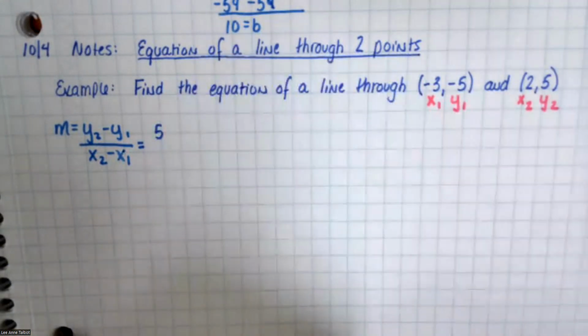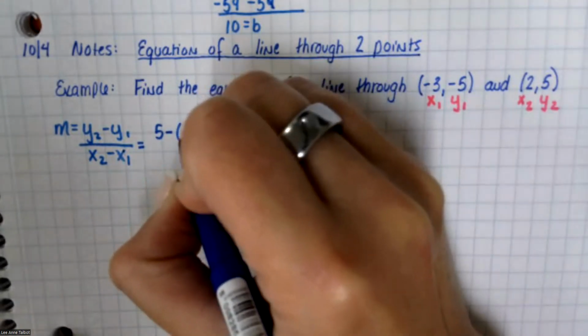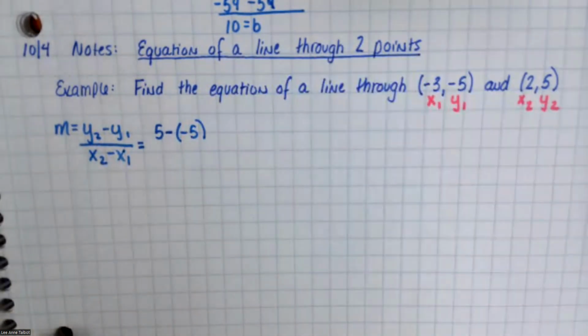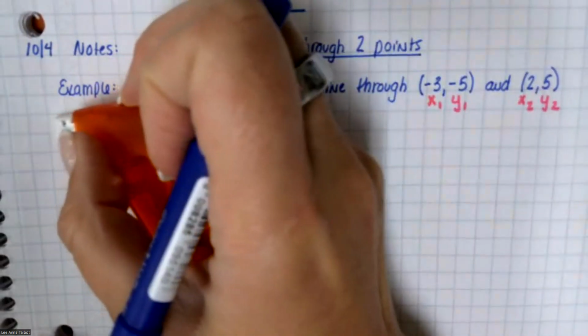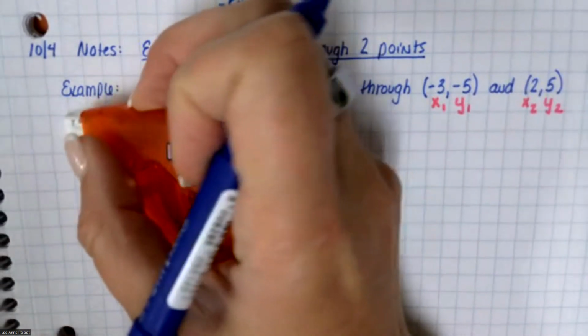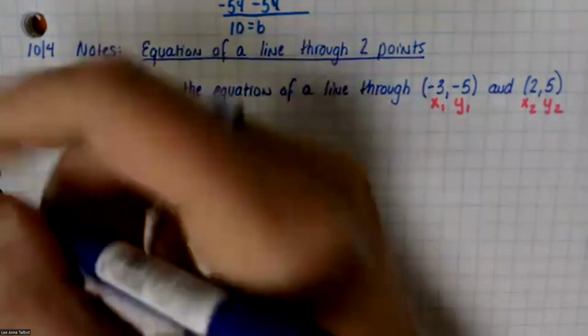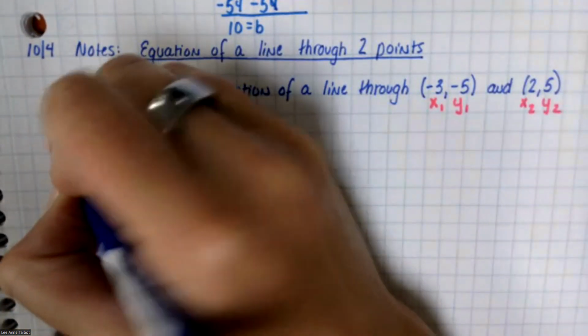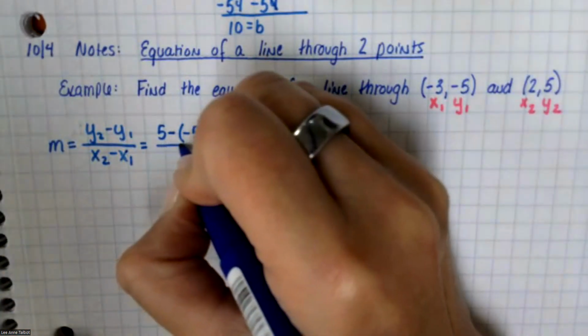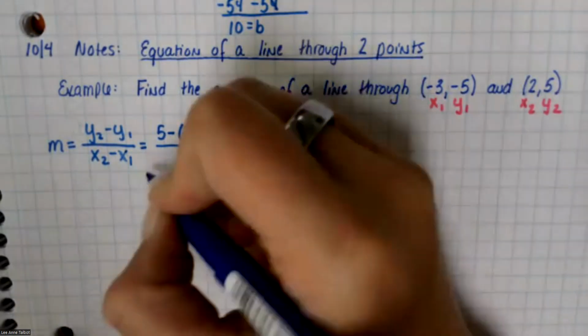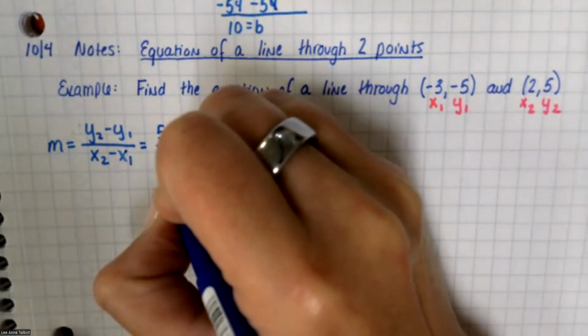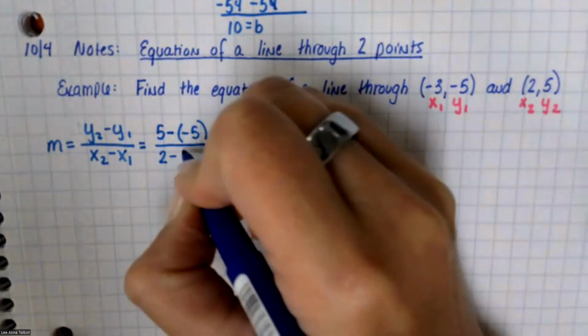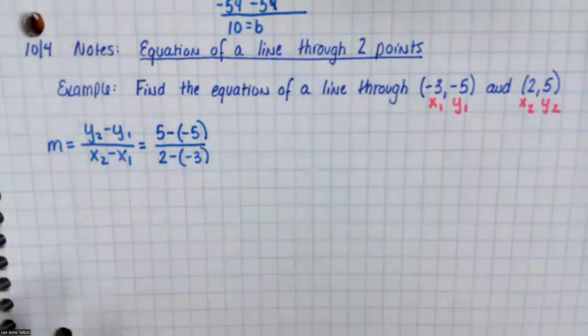Y2 minus y1. This is going to bug me. I have to change it. I can't live like that. It's over x2 minus x1.